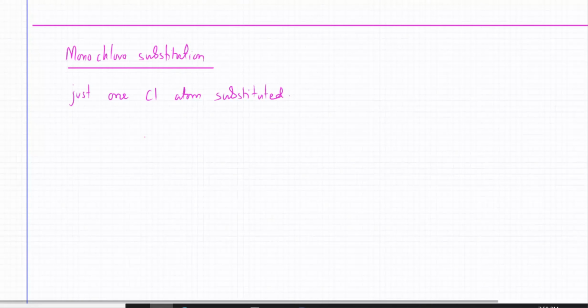So the question was about just one Cl atom getting substituted, and they were asking for monochloro substitution of propane. They were saying that if monochloro substitution happens, you get two types of molecules.